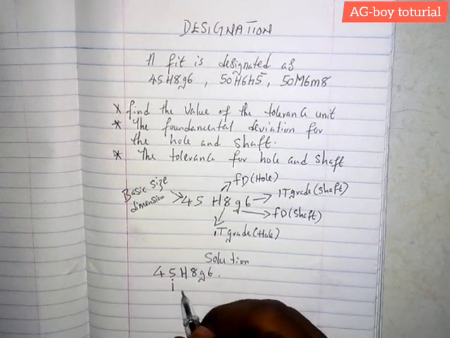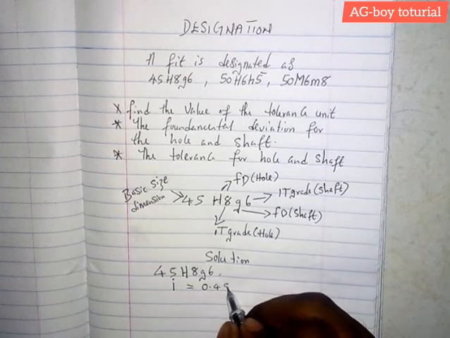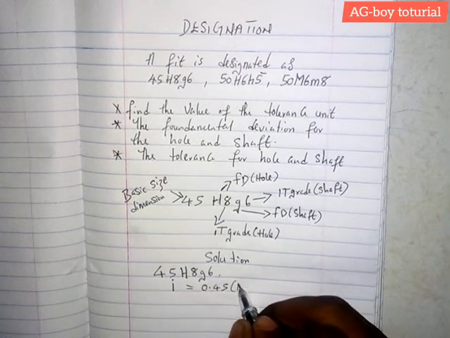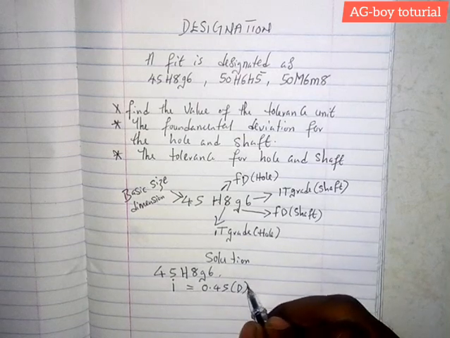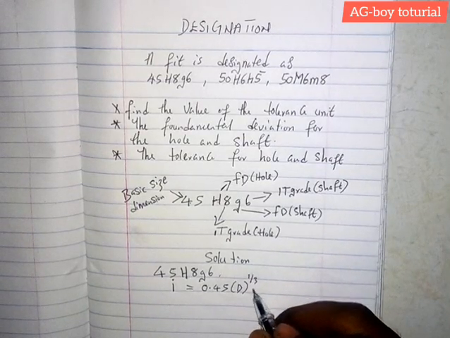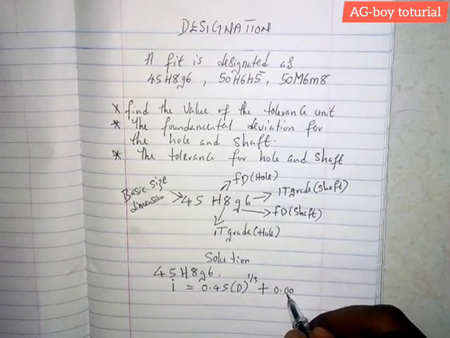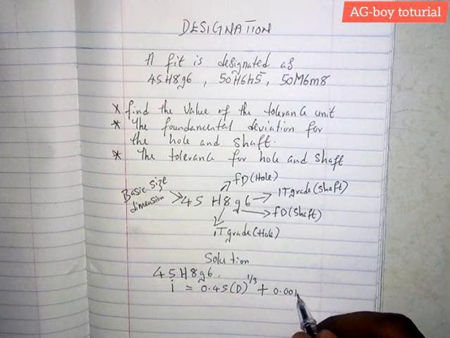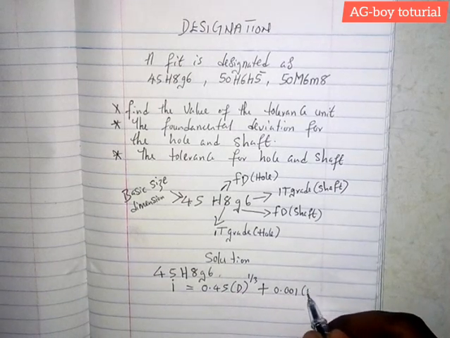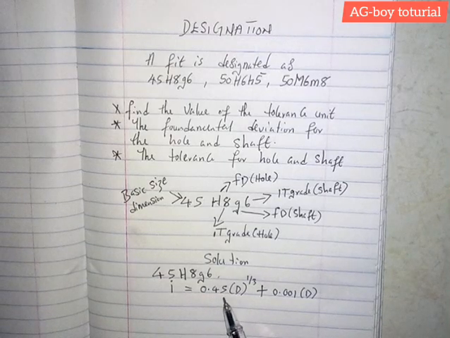Your I has a basic formula, which is 0.45 multiplied by the cube root of the diameter, plus 0.001 multiplied by the diameter. So this is your formula for your I.